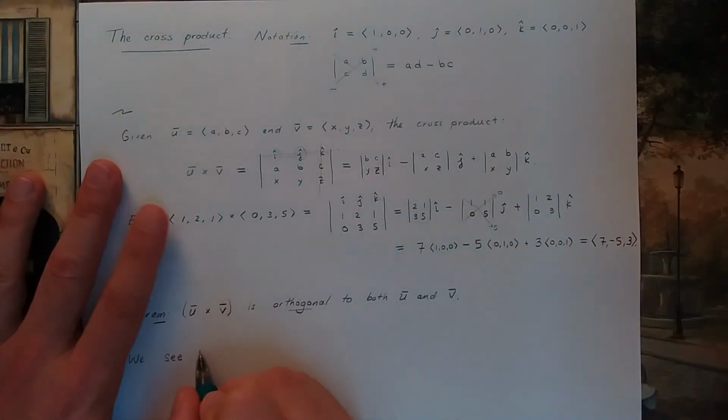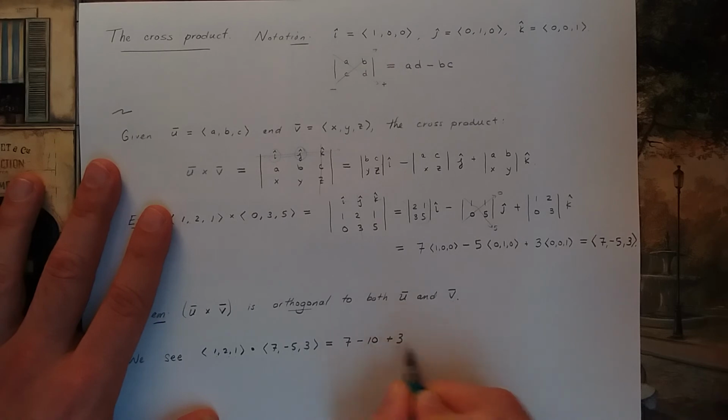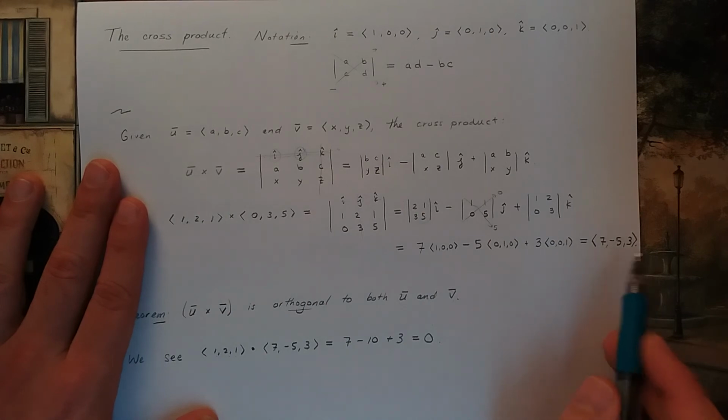So let's see here. Let's do the dot product of 1, 2, 1 with 7, negative 5, 3. So I do the dot product and I get 7 minus 10 plus 3. Indeed, 0. So 1, 2, 1 and this vector are orthogonal.